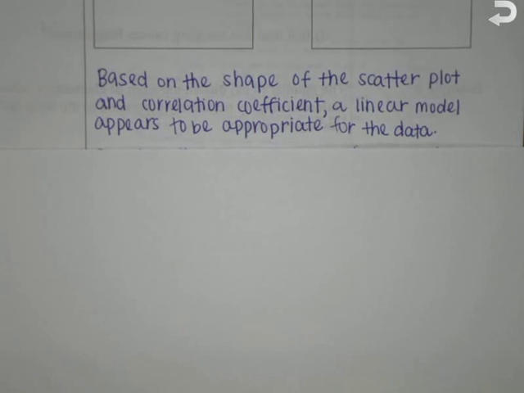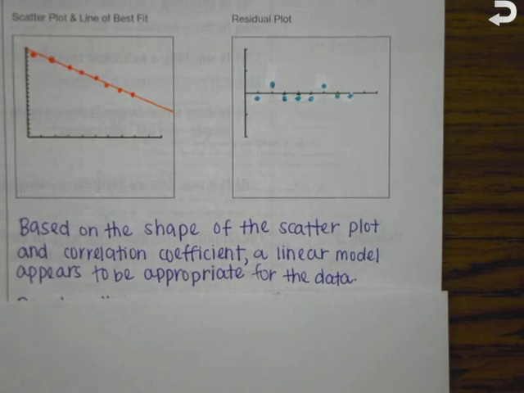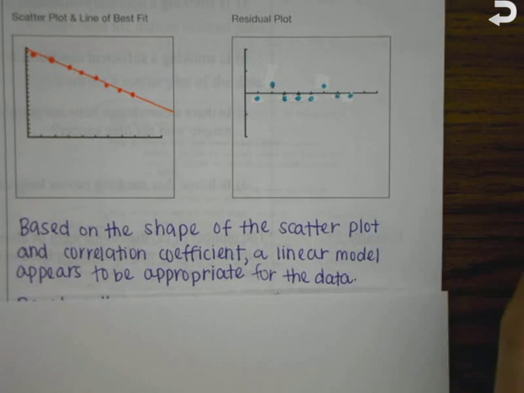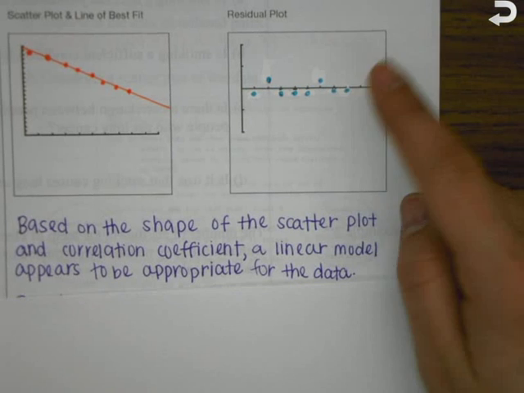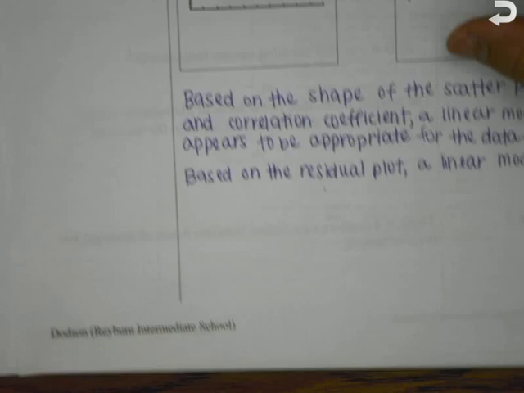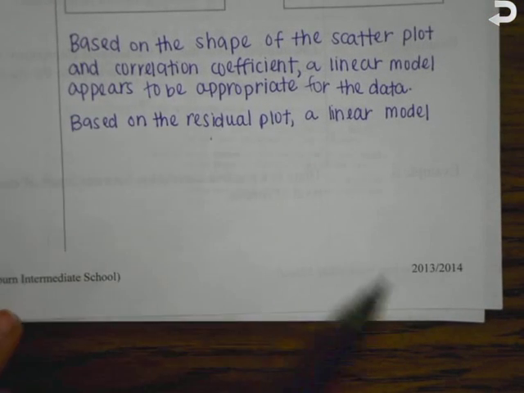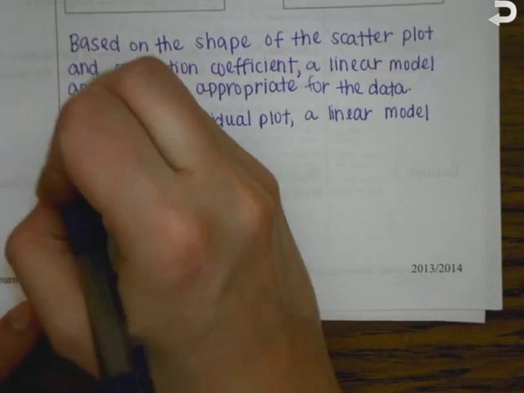Okay, so let's look at the residual plot then, guys. Does it appear to be flat or have no pattern at all? Pretty flat, right? So does the residual plot indicate that a linear model is appropriate also? So I want you to write that as a separate sentence, okay? So based on the residual plot, a linear model appears to be appropriate for the data.